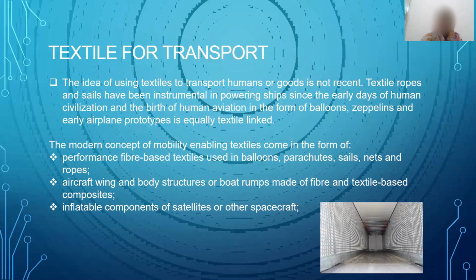The modern concept of mobility-enabling textiles comes in the form of performance fiber-based textiles used in balloons, parachutes, sails, nets, and ropes. Aircraft wing and body structures and boat ramps are made of fiber and textile-based composites, as are inflatable components of satellites or other spacecraft.